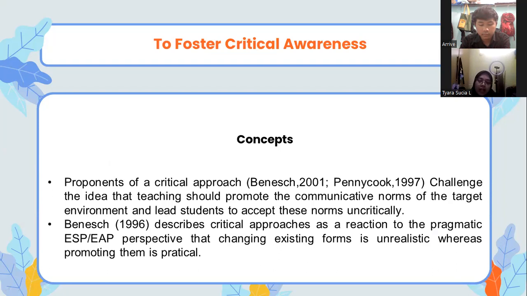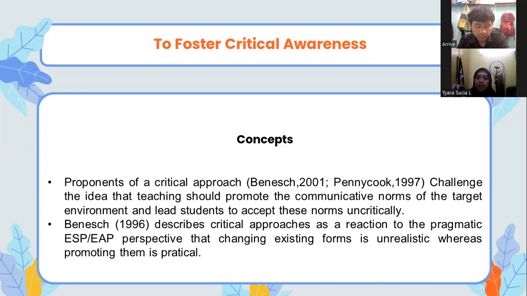All right. And here about to foster critical awareness. So the concept in here is based on Benesch's 2001 and Pennycook 1997, who argue that proponents of a critical approach challenge the idea that teaching should promote the communicative norms of the target environment and lead students to accept these norms uncritically.